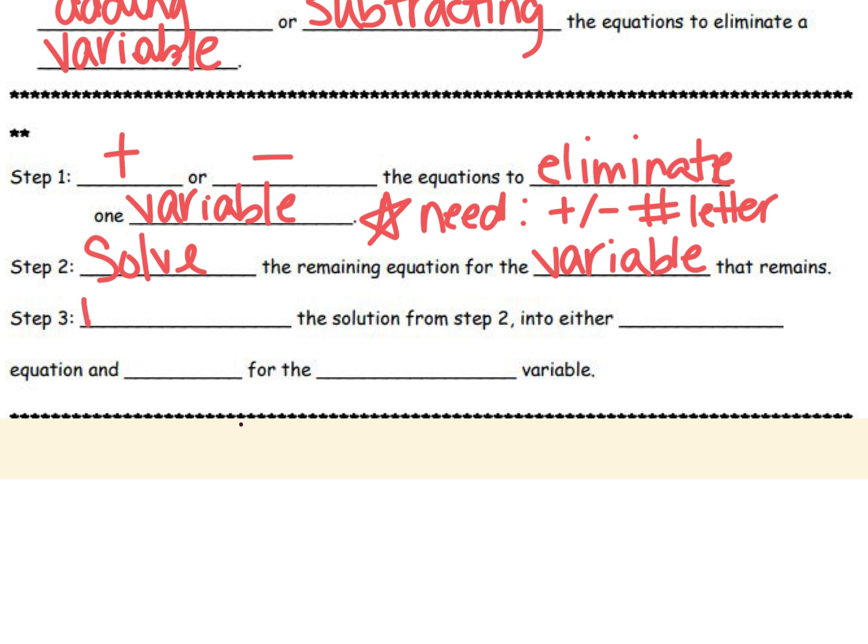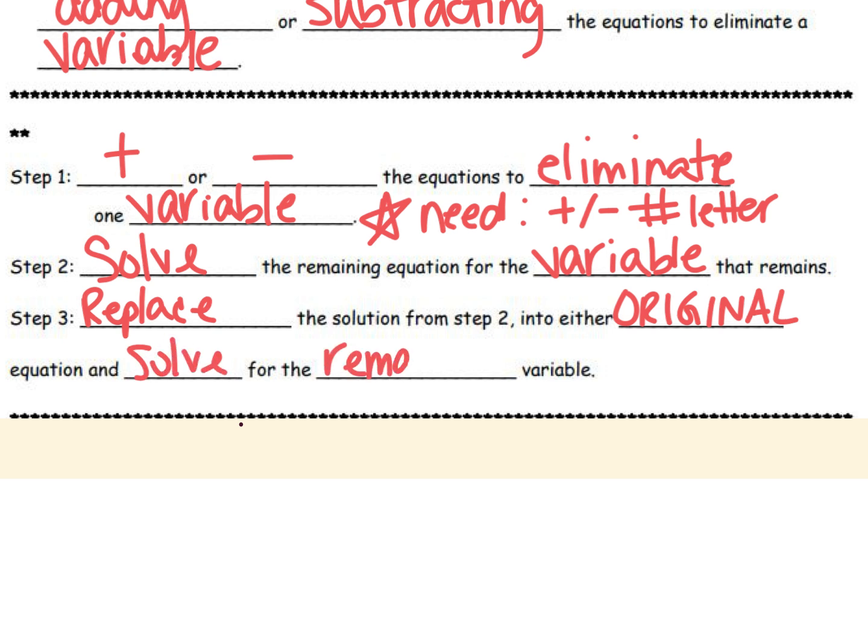So we're going to substitute, or replace, the solution from step 2 into either, it has to be, an original equation, and we're going to solve for the other one. Okay? So if we solve for y at the beginning, now we're going to solve for x, or vice versa.